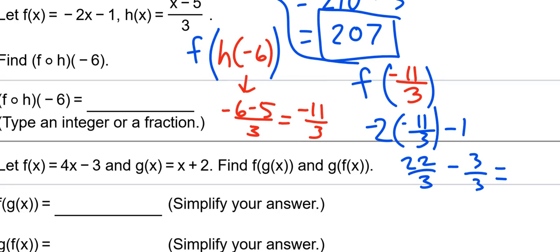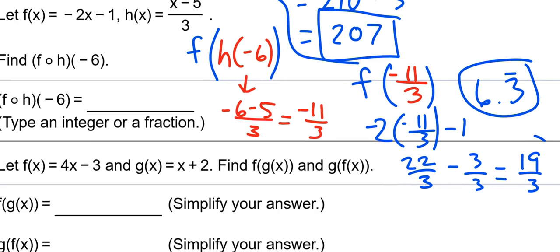I'm guessing your calculator is going to give you 19 over 3, or 6.3 repeating. So I don't care whether you give it to me as a fraction or as a decimal, whichever you prefer.